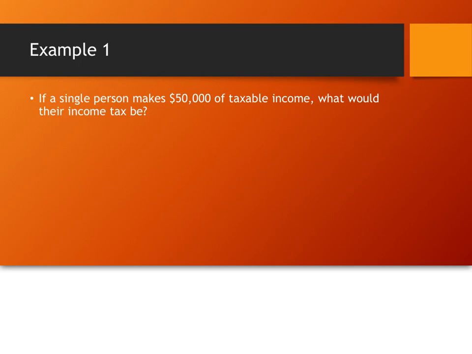So what that means, since this is a single person, okay, we look on our tax bracket, and 50,000 falls above 36,900, but it's less than 89,350. So what I have to do is start out by finding the difference between 50,000 and 36,900.